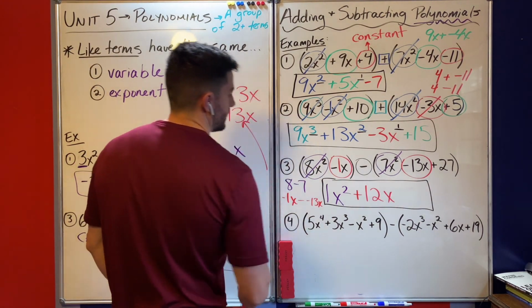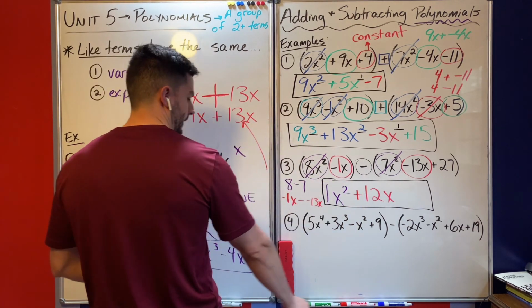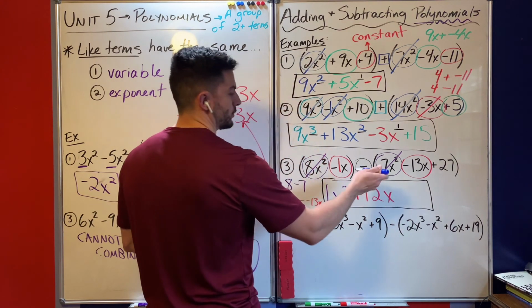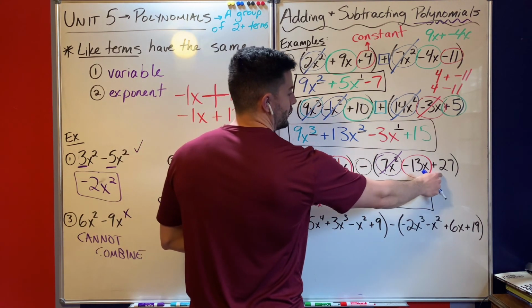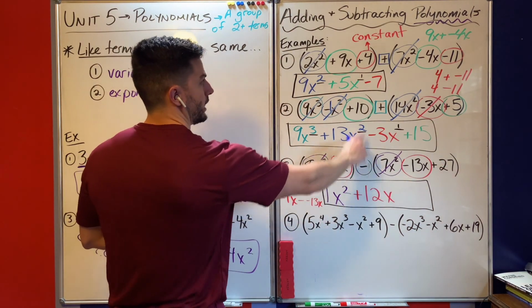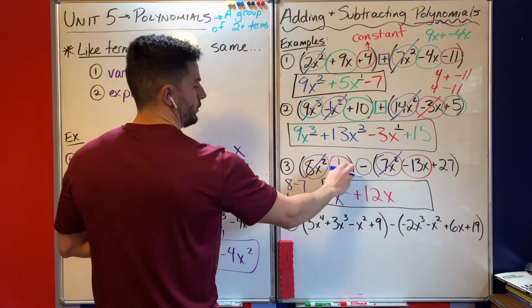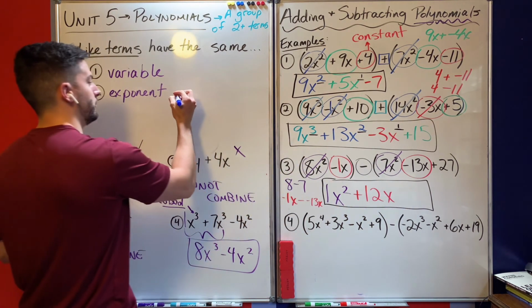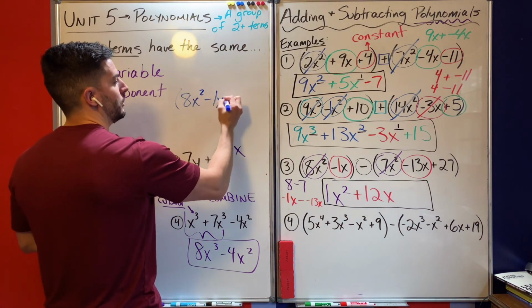What you're doing technically, mathematically, even though there's not a constant number in this group, I'm still doing something: this 27 is being subtracted from this group. You could just as easily make this first group 8x squared minus 1x plus 0.